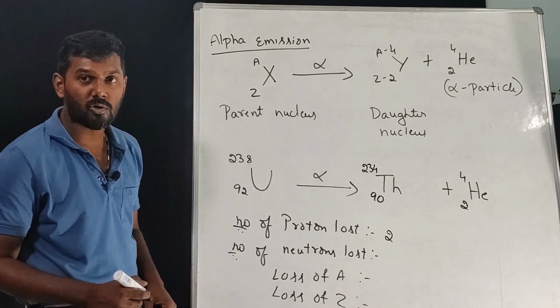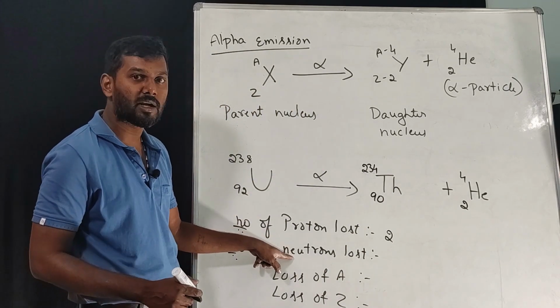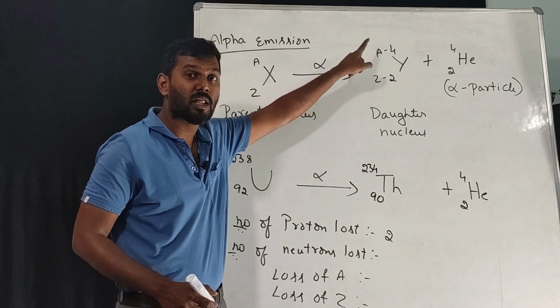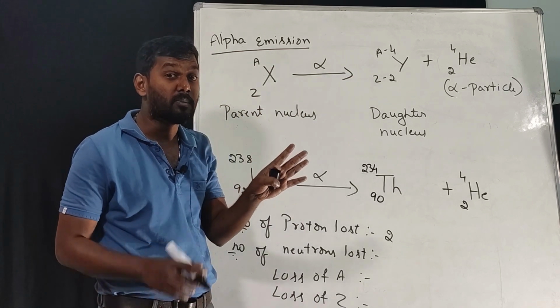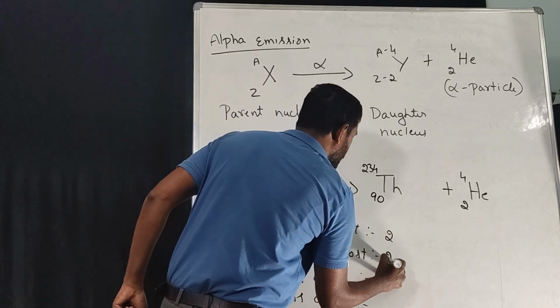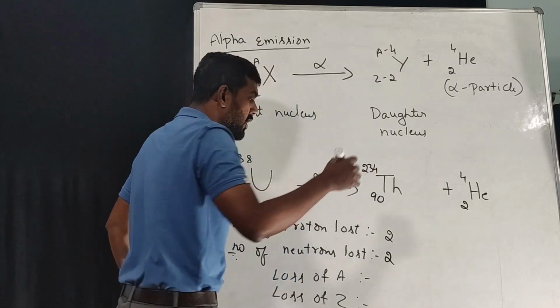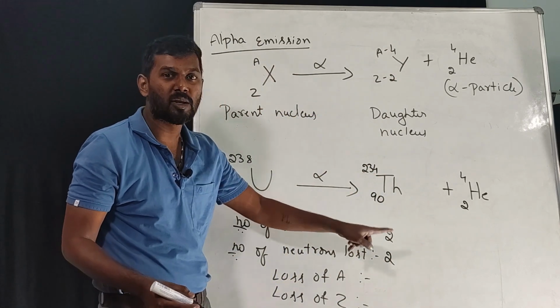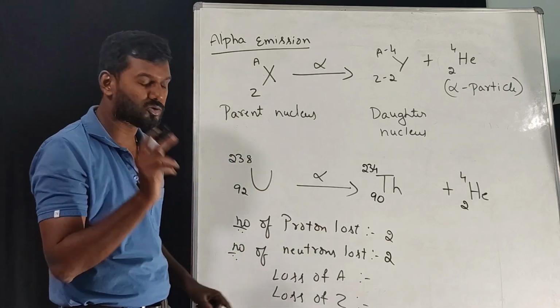Then how many neutrons are lost? Neutrons relate to the above part. Here 4 units are lost, but only 2 neutrons, because out of those 4 units, 2 are protons and the remaining 2 are neutrons. This you should know.